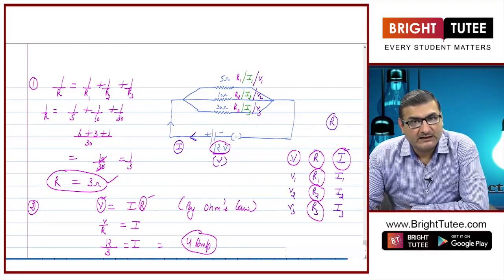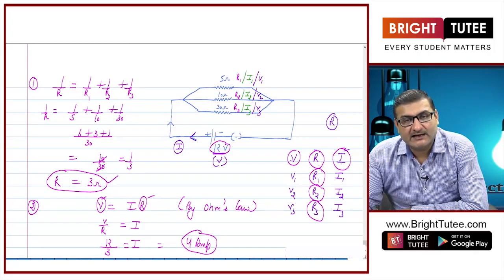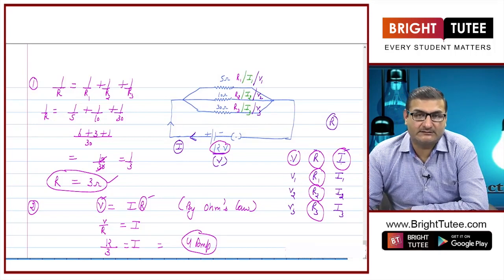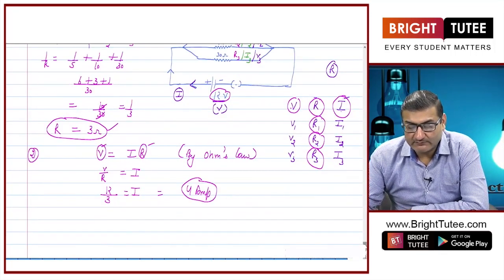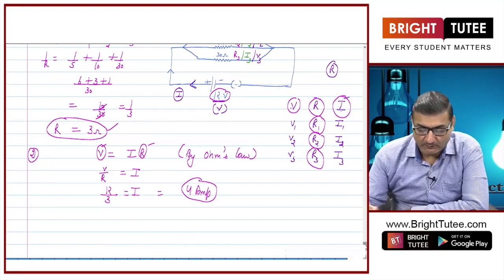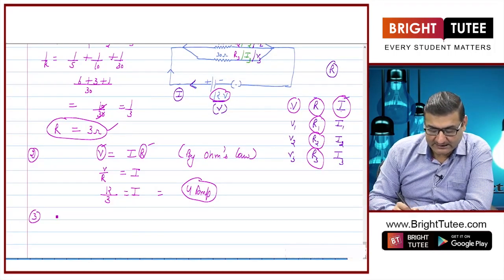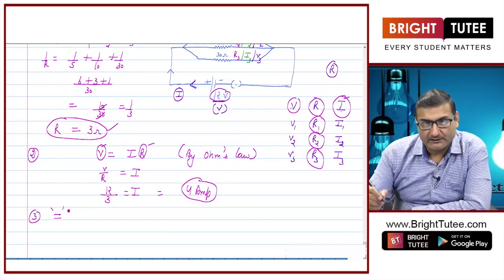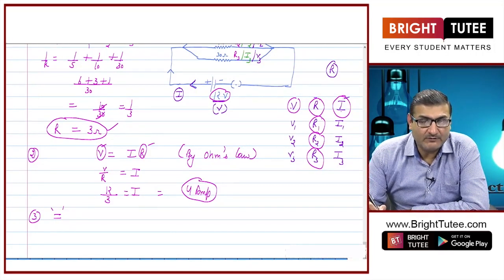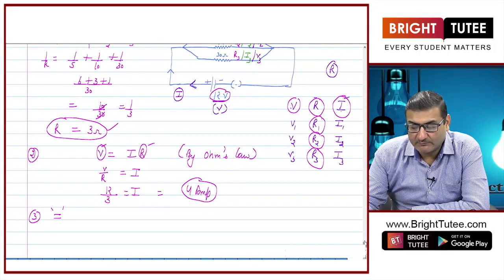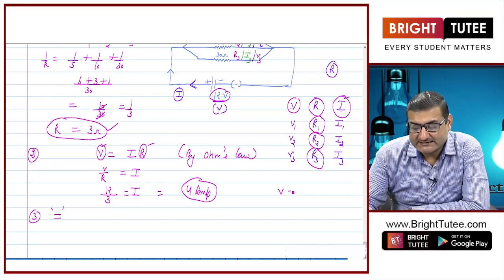But if he further asks to calculate the individual currents, let us see. For calculating the individual currents, I will apply my third step, which, you remember, is making use of the equal voltage in parallel. I know that in a parallel combination V is the same: V is equal to V1 is equal to V2 is equal to V3.